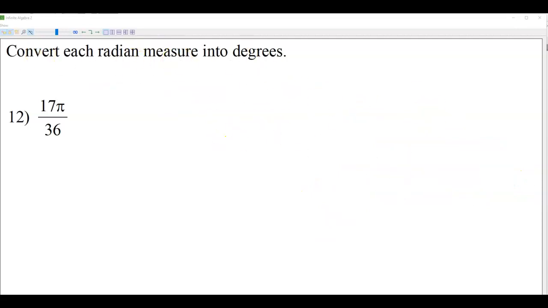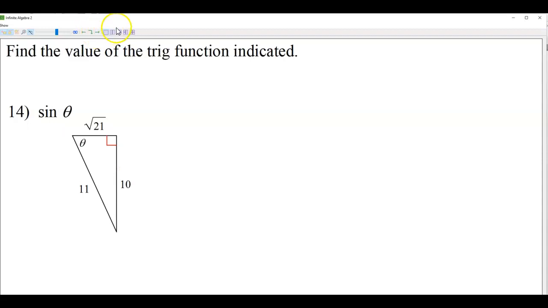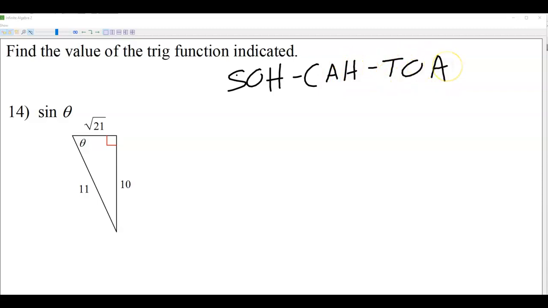All right, let's go ahead and move on here to number 14. Find the value of the trig function indicated. For this, it might be helpful to remember this. Now this thing only helps us with sine, cosine, and tangent. There are other ones. Let's go ahead and see. This one happens to be a sine.